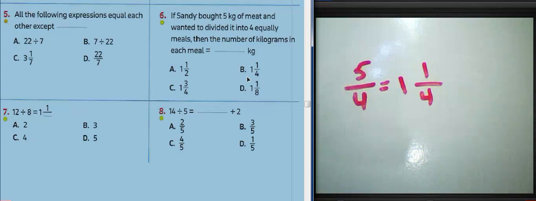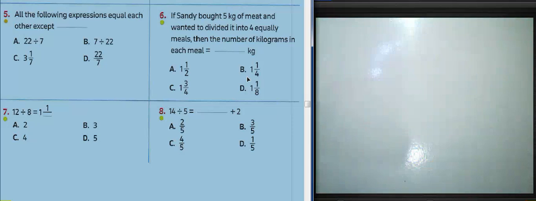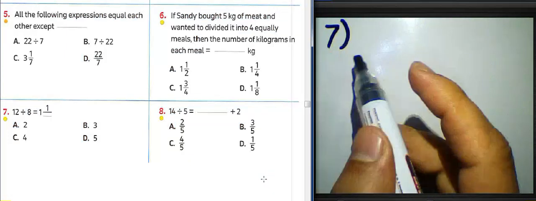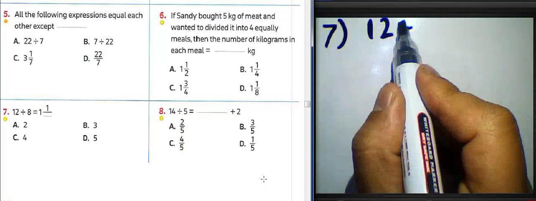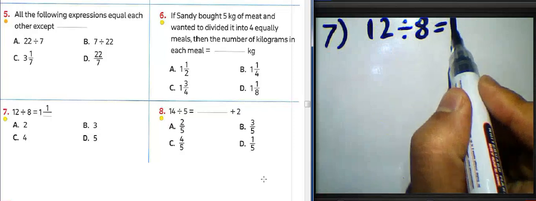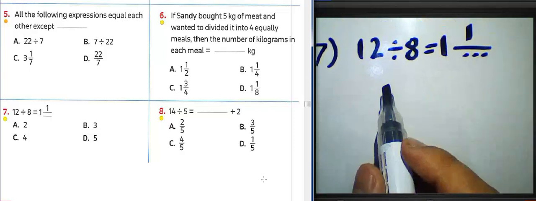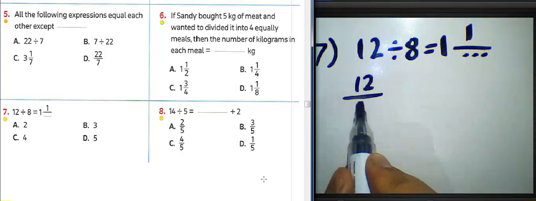Question number 7. 12 divided by 8 equals 1 and 1 over space. We can solve this example by simplifying first. 12 over 8.